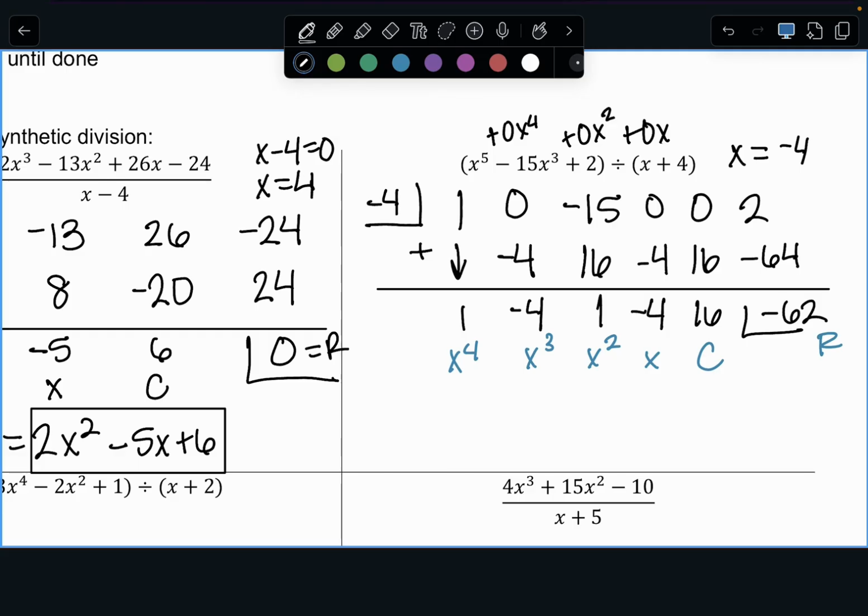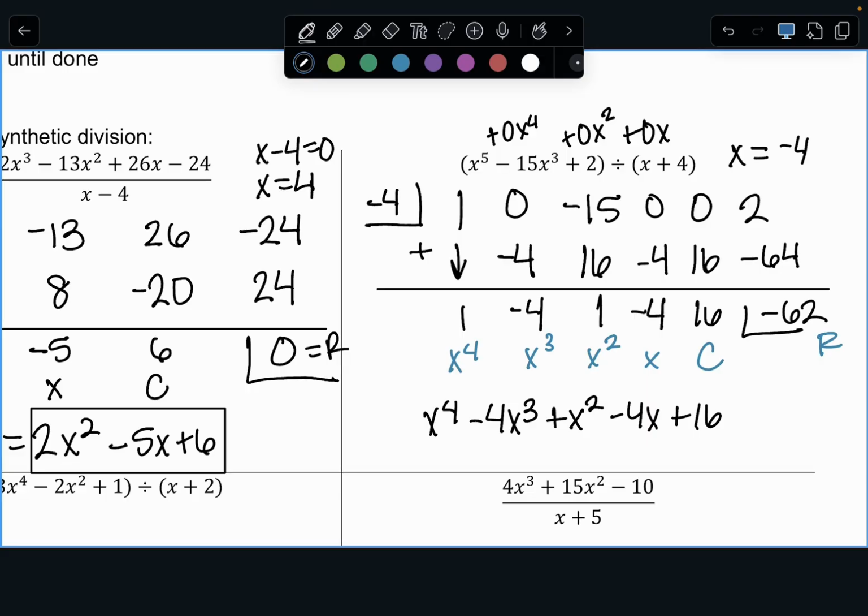And then we just have to write out our polynomial. 1 x to the 4th is just x to the 4th, minus 4 x cubed, plus 1 x squared, minus 4x, plus 16. And then my remainder, what should I stick this on top of?